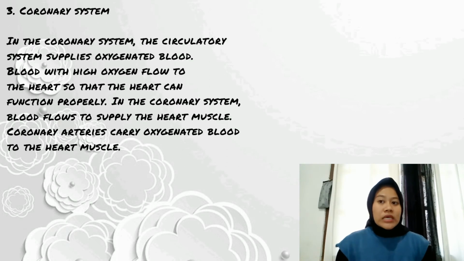And the third is the coronary system. In the coronary system, the circulatory system supplies the oxygenated blood. Blood with high oxygen flows to the heart so that the heart can function properly. Coronary arteries carry oxygenated blood to supply the heart muscle.